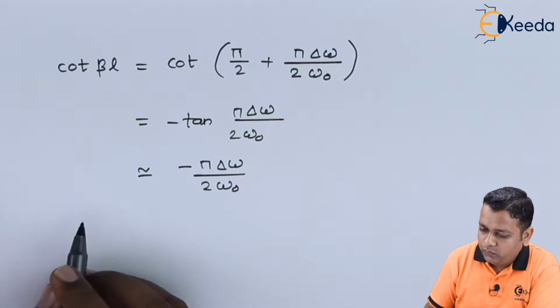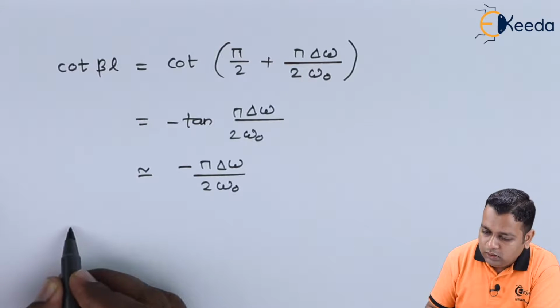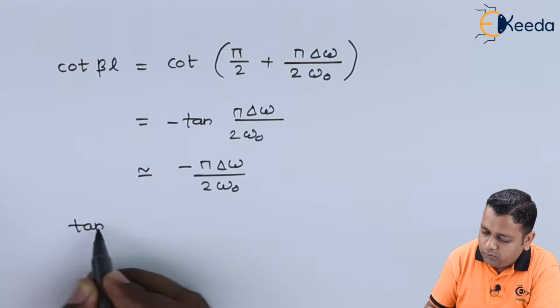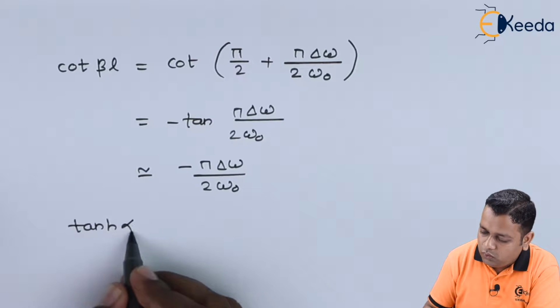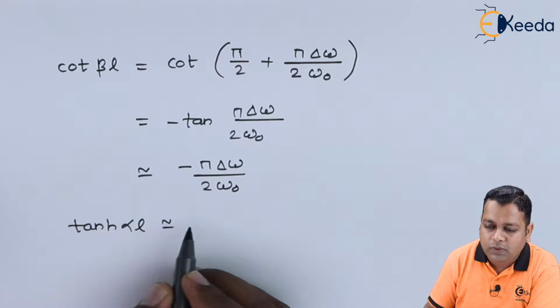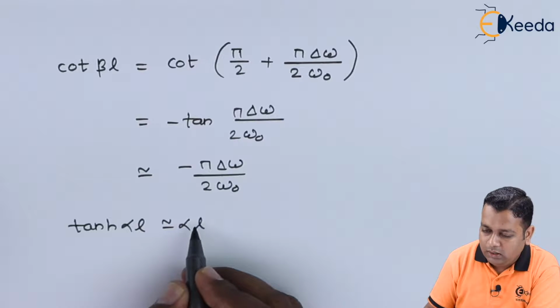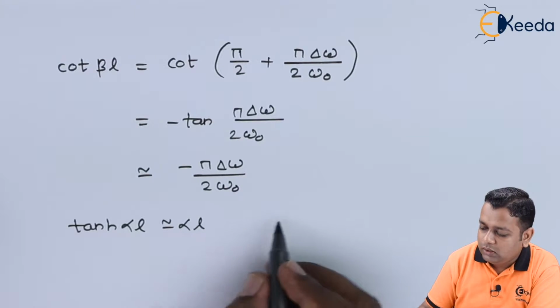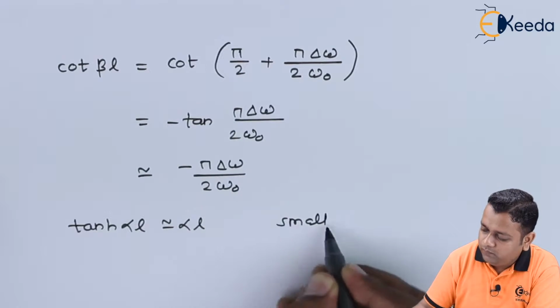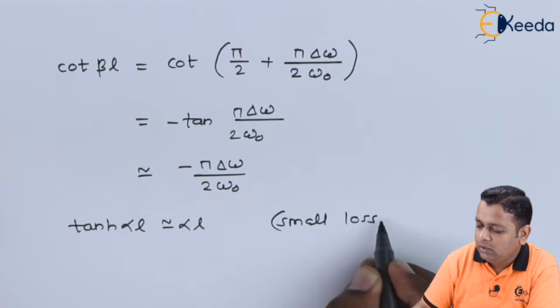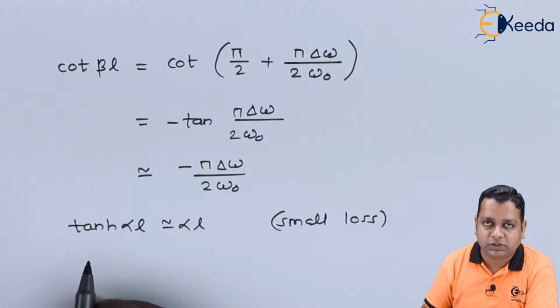Now also, as before, we have done the approximation of the hyperbolic tangent function of alpha L to be simply alpha L. We consider a small loss here, which means it is a low loss transmission line.